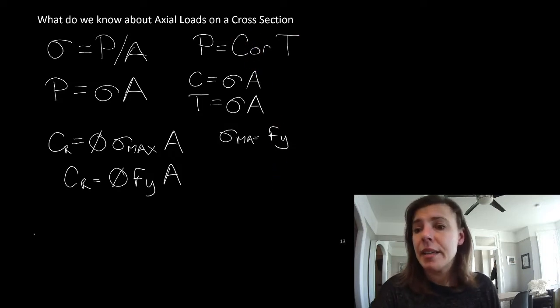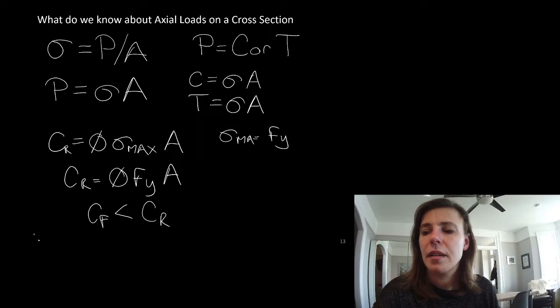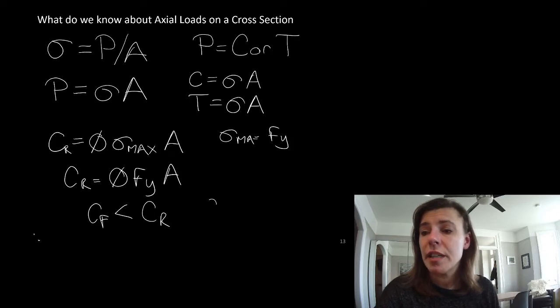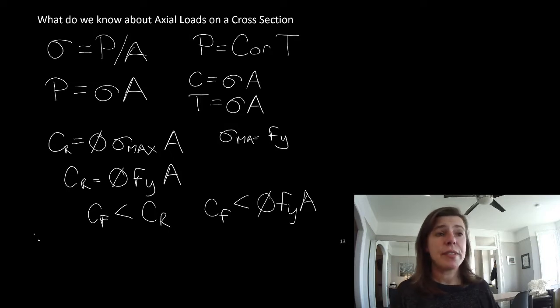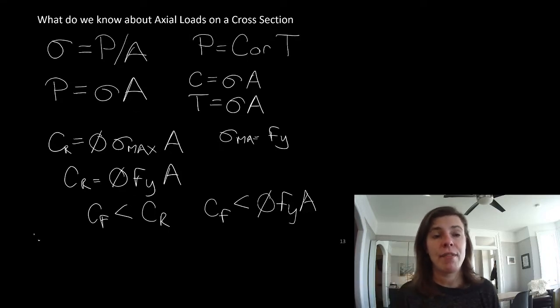One last thing. We want CF to be less than CR, or essentially we want our CF to be less than the reduced capacity, the reduction factor times our maximum yield stress times the cross-sectional area of our member.